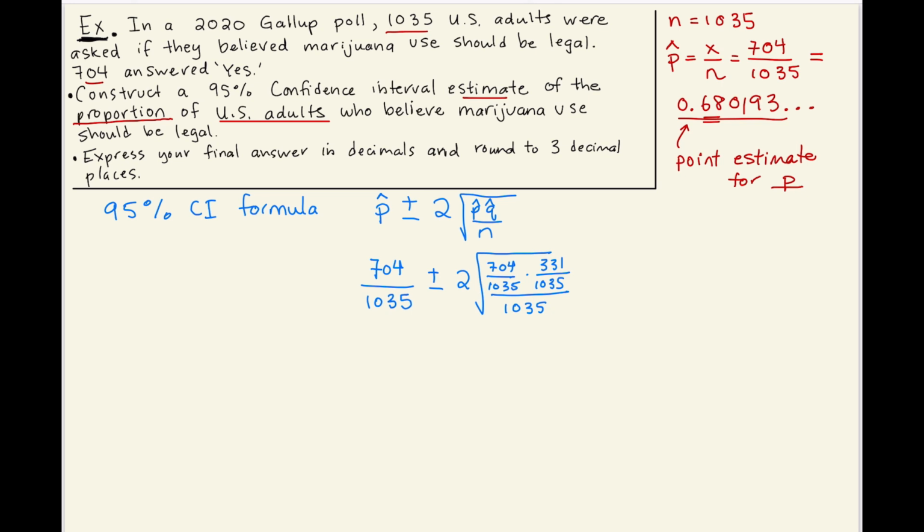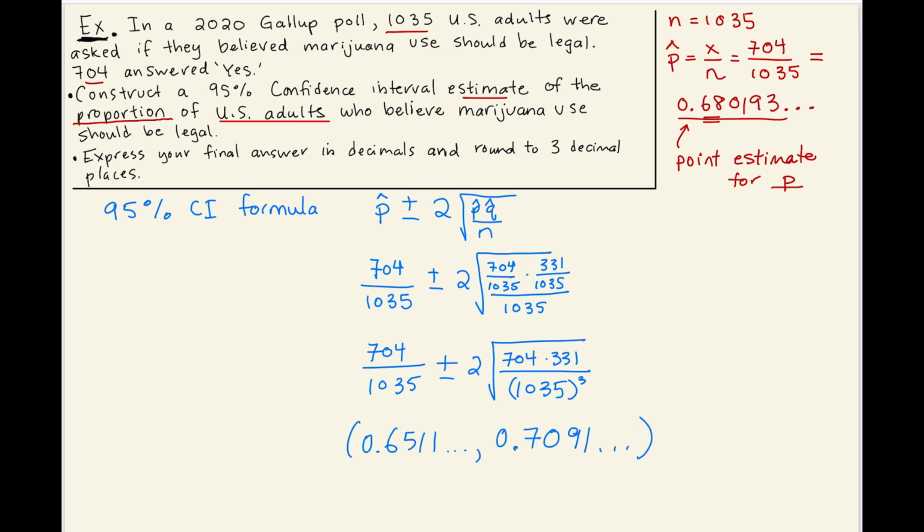You can rewrite the second part to make it a little bit easier to punch into your calculator, it is equivalent to the square root of 704 times 331 over 1,035 cubed. So I would pop that into my calculator, and if I round to 3 decimal places, my confidence interval estimate is, so this would be my final answer.